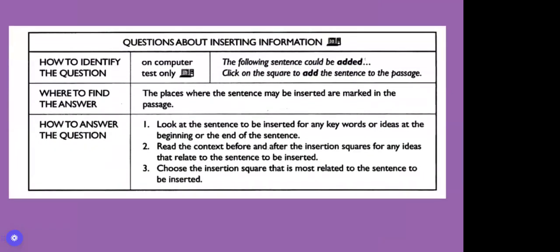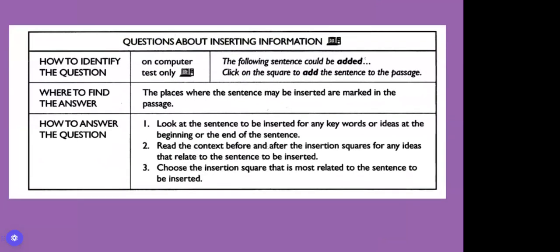Now, another type of overall question will ask you to insert information within a paragraph or within the text. These questions look something like, the following sentence could be added to paragraph 1, to paragraph 3, to line 1, to line 3. Now, where can you find the answer?